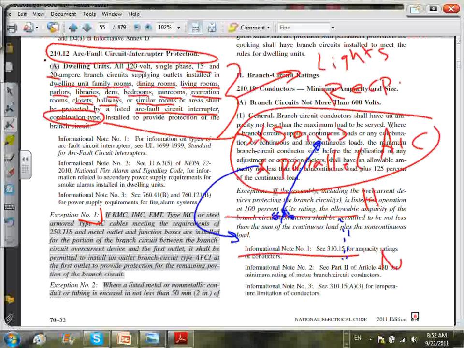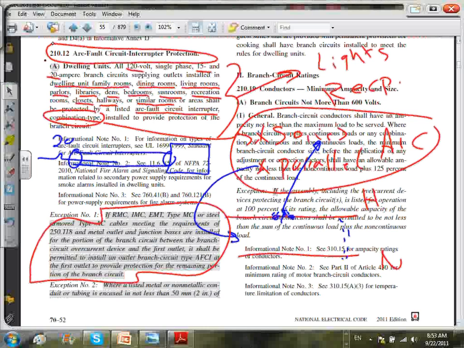Now here's an exception that they give you guys, one exception. If you decided to wire it with conduit, EMT, so here's my branch circuit right in here, 20 amp, I put my conduit here, all the way to this metallic box, then I can put the arc fault circuit interrupter right in here.